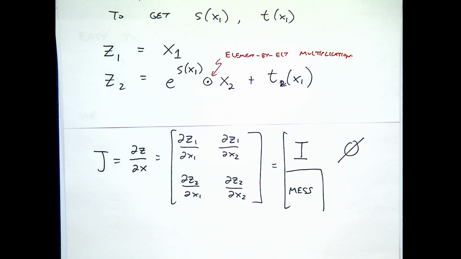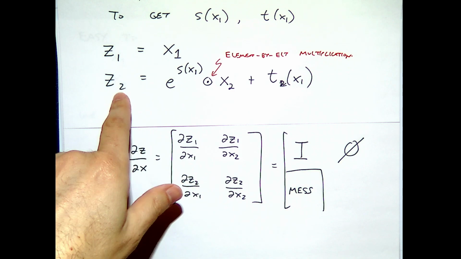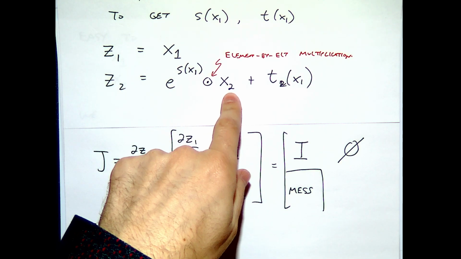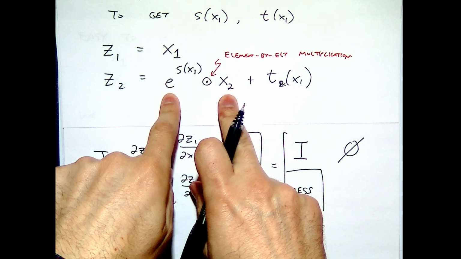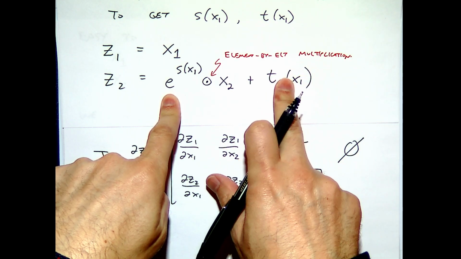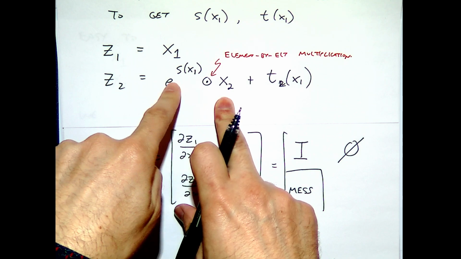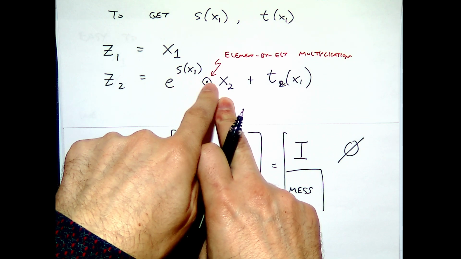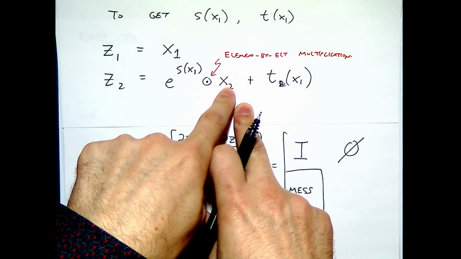It's going to be, in general, a dense matrix. Like, again, if these are 100 by 100 variables, it's going to be a dense 50 by 50 matrix, right? And then what is z2 derivative with respect to x2? Well, again, since this is element by element manipulation, all that's happening is that this translation goes away because there's no x2s here. And then all I'm doing is picking off the corresponding element that multiplies each of the parts of x2.